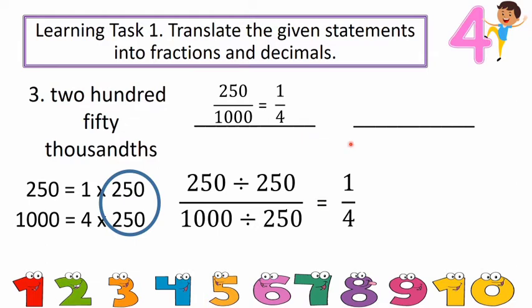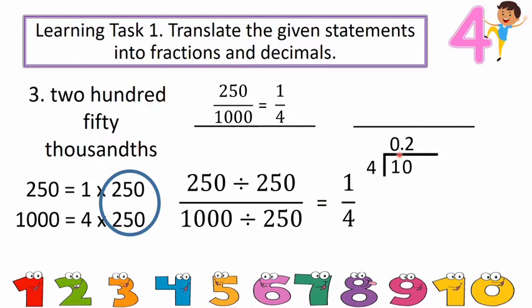Now to change it into decimal form, again, do not forget that numerator divided by the denominator. So we have 1 divided by 4. 1 divided by 4 cannot be, so we will write 0. Then add 0. Again, don't forget to put a decimal point in our quotient. Then 10 divided by 4 is 2.